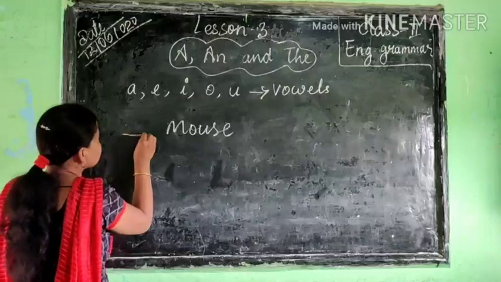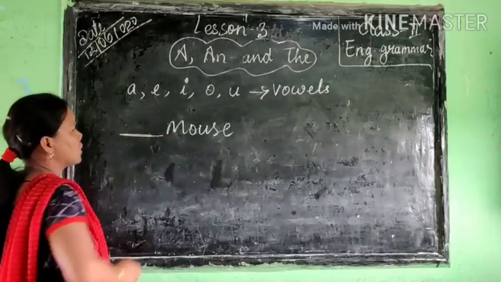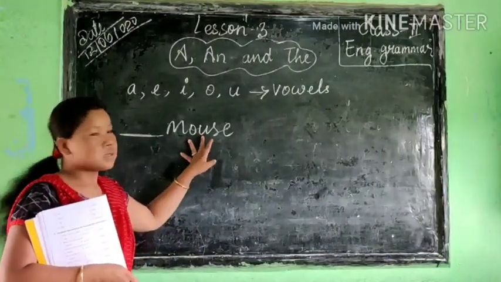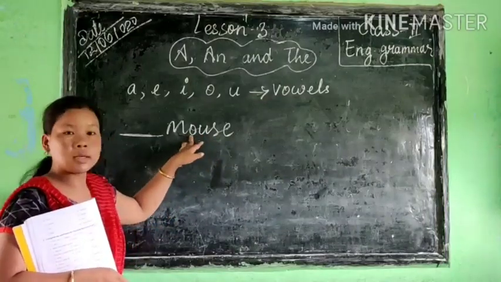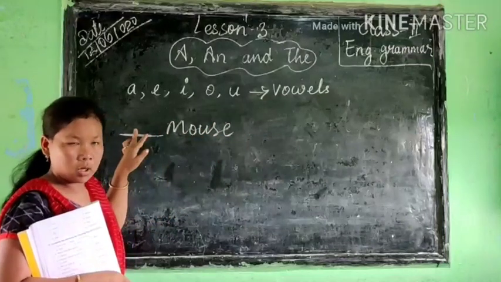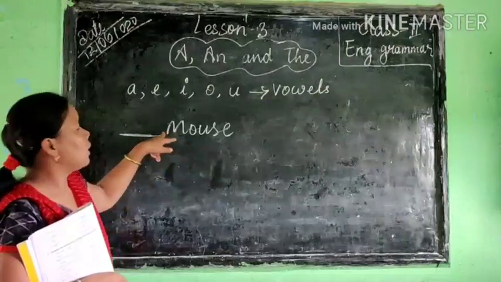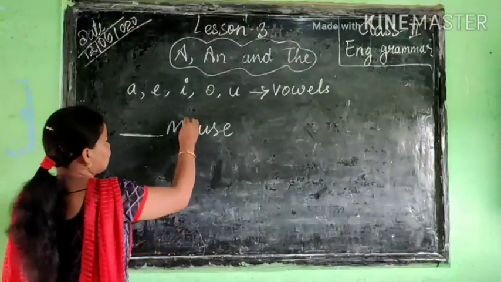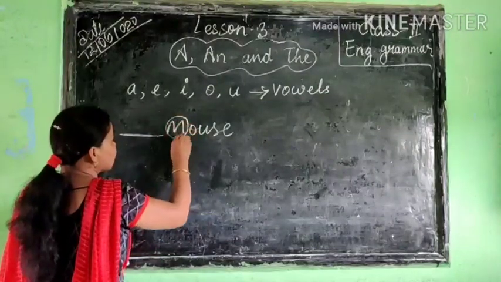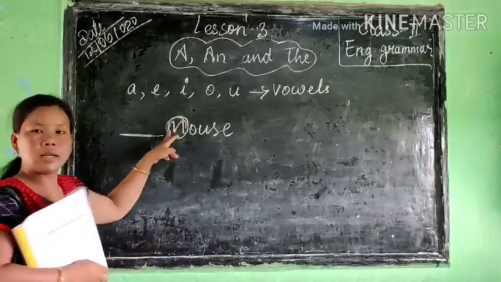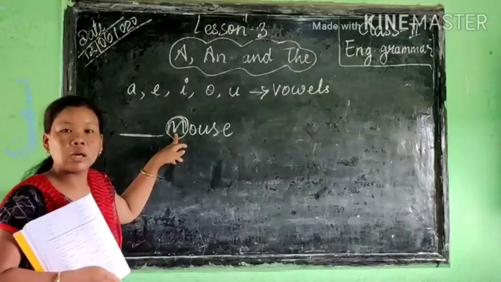Like mouse. Okay. Here you see. Mouse is a singular noun, yes or no? This is a singular noun, and you see the starting letter is what? Is it a vowel? No, it is not a vowel. It is a consonant.